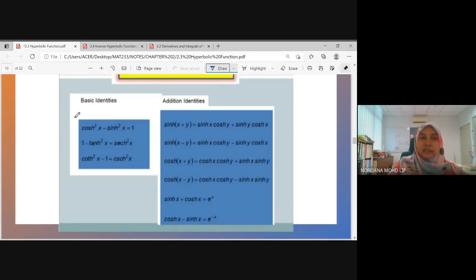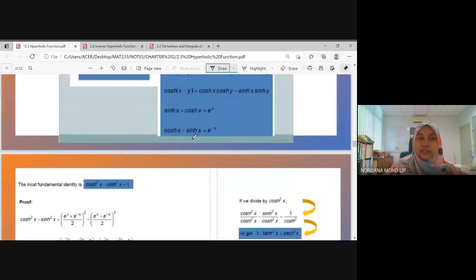Okay, yang ni awak kena salin lah. Biasanya ni diberilah dalam final. So the basic identities and addition identities. Okay, yang ni. Ni applykan je lah biasanya ni. Kita akan applykan je.